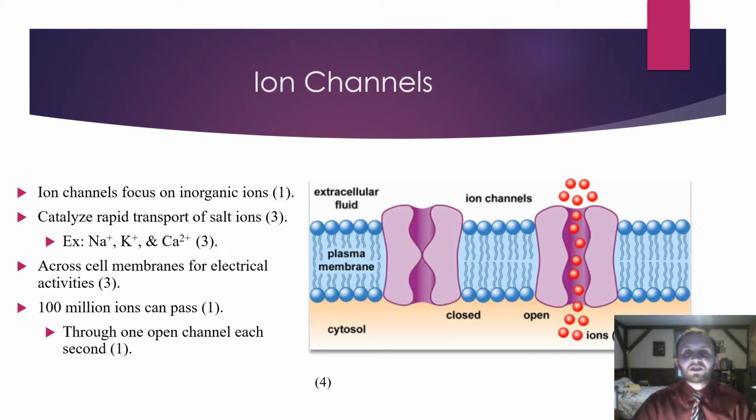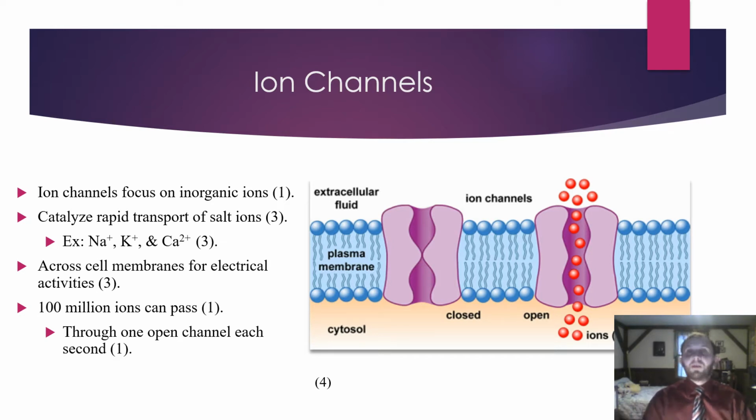So the main function of these ion channels is that they allow only inorganic ions. These ion channels will catalyze rapid transport for many of the salt ions I've discussed, such as sodium, potassium, and even calcium. There's even one mention of chlorine.